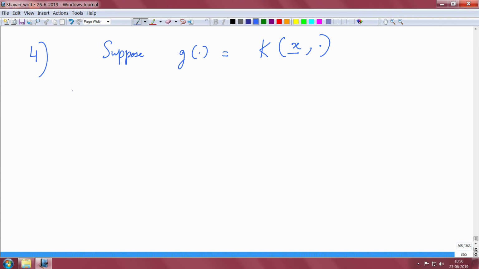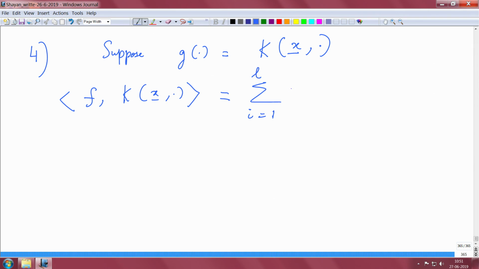So what I do is I consider the inner product of a function with this kernel. Let us see what happens here. This is interesting. Now, by definition, I can express this inner product as summation i equals 1 to L. In terms of the kernel, I can expand.